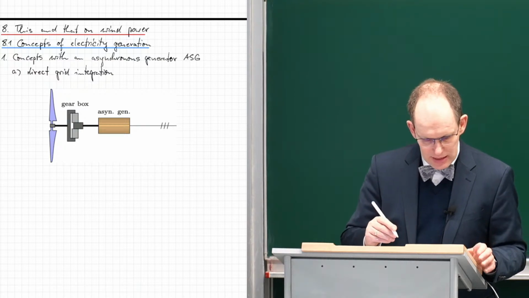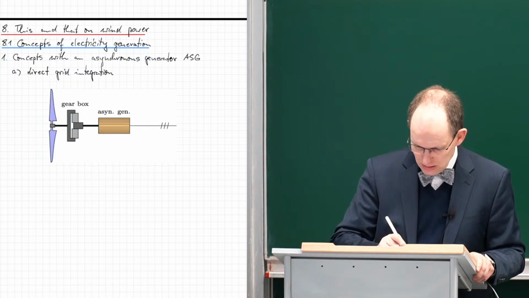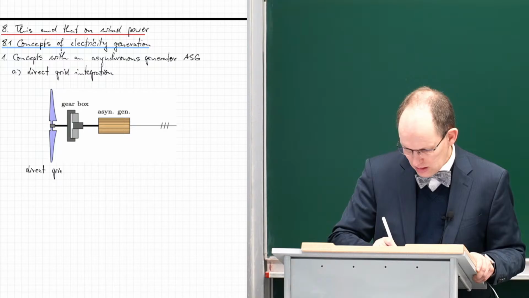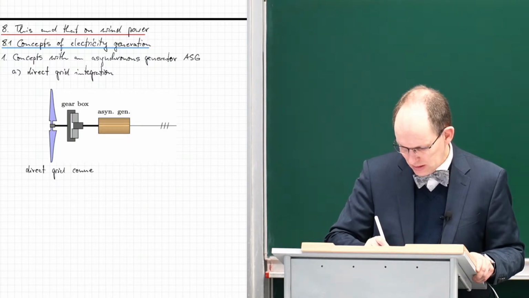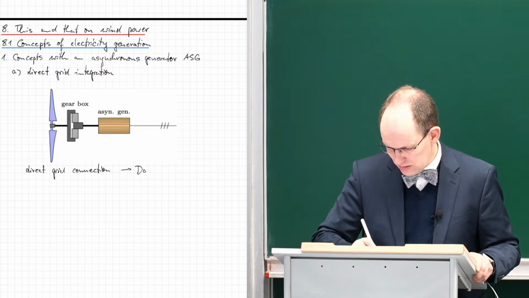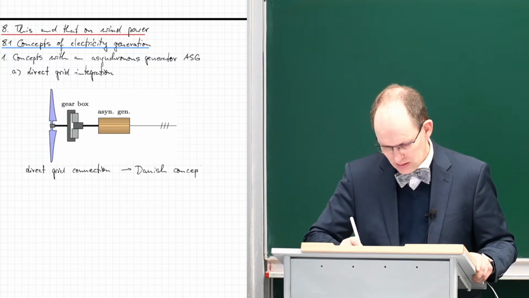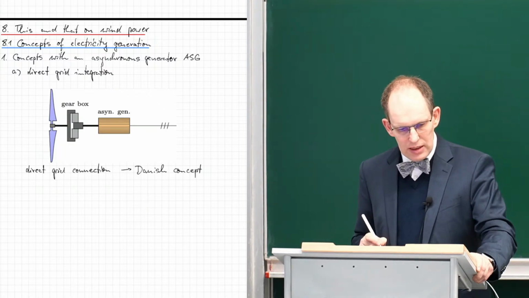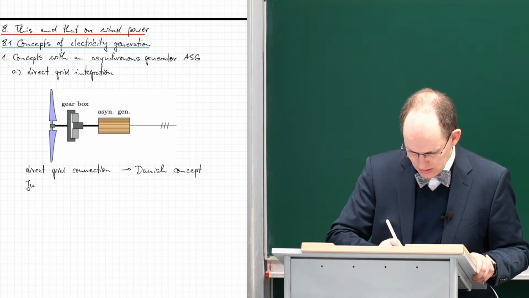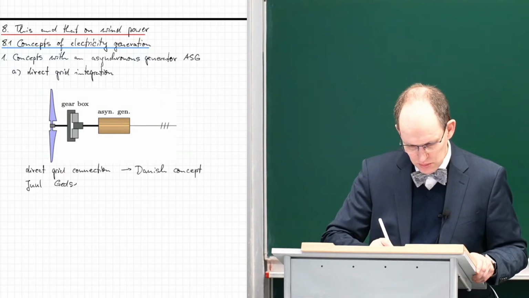So this is the direct grid connection. And this is called the Danish concept, and it goes back to Joule and the Gedser wind turbine.